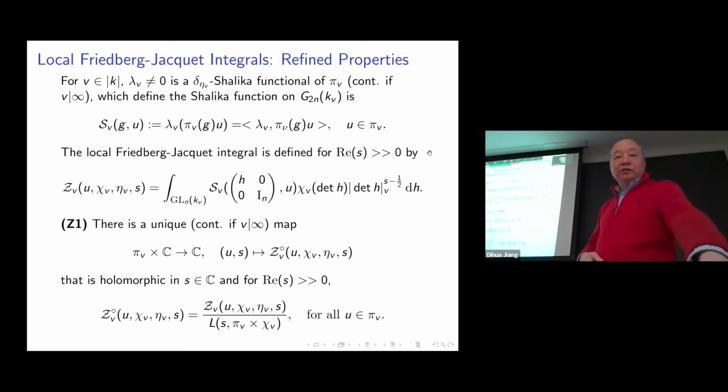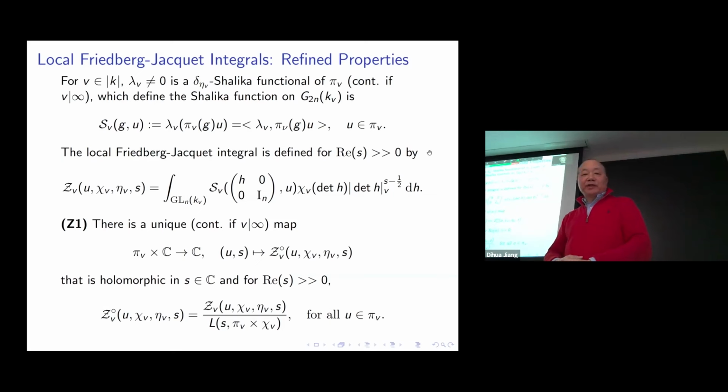And then the local Friedberg-Jacquet integral looks like this. You use the Shalika model to do integration. Again, if n equals 1, this is like a Hecke integral, right? So the Shalika model becomes a Whittaker model, and then the character. Exactly the same.